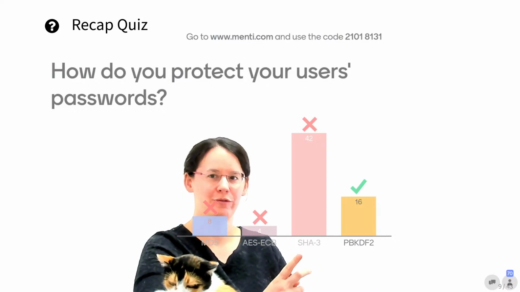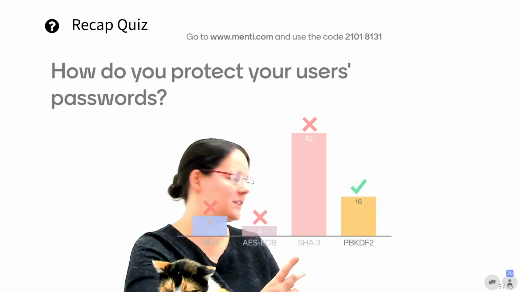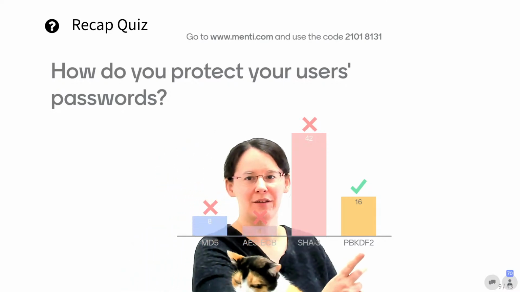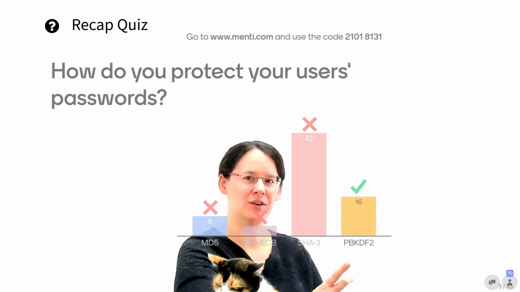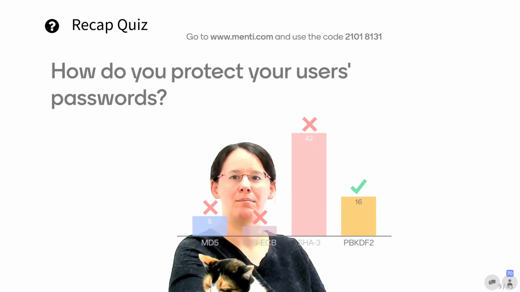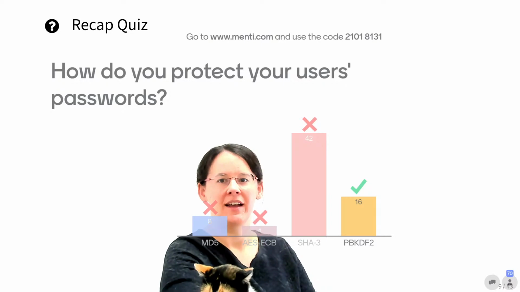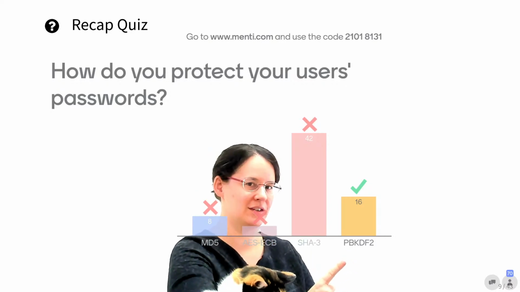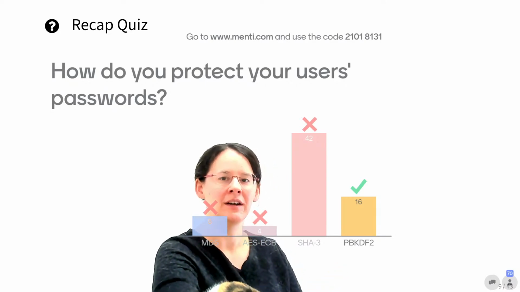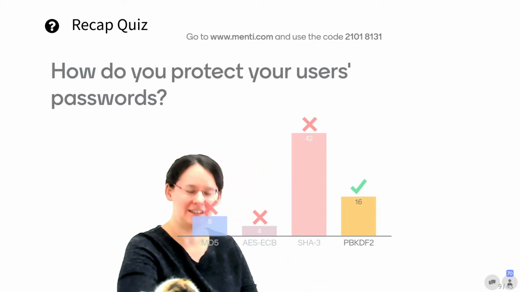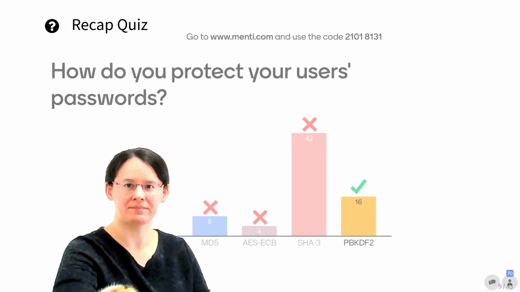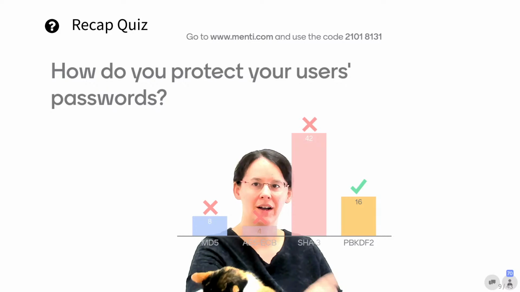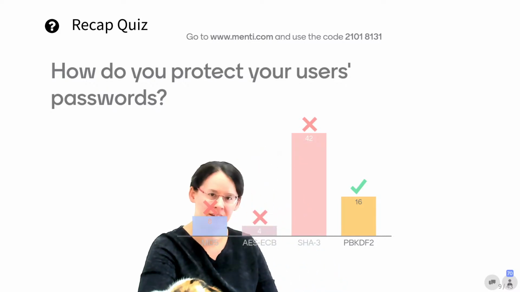Because it's too fast, so brute forcing bad passwords is just too fast. For this reason, we have a separate design category for slow functions, namely password hashing functions. And PBKDF2, which is short for password-based key derivation function, number 2, is one of these. So that's an actual secure choice. So SHA-3 is cryptographically secure, but too fast for password protection.